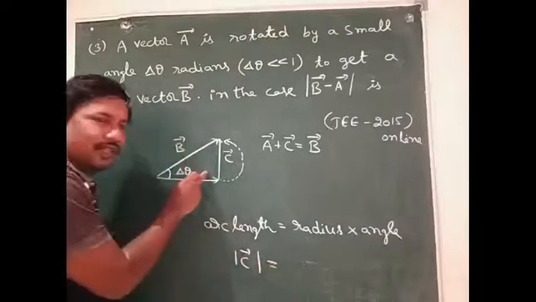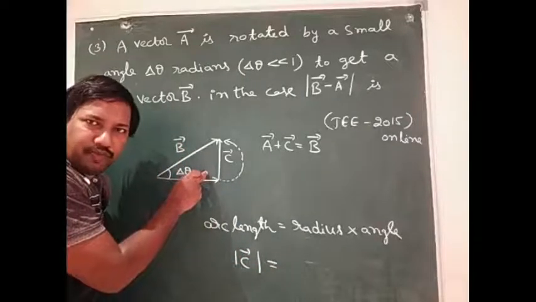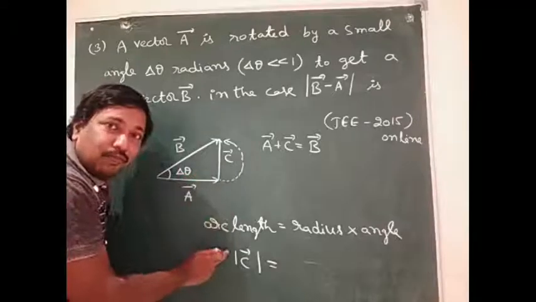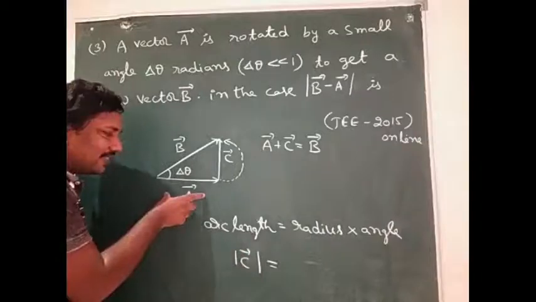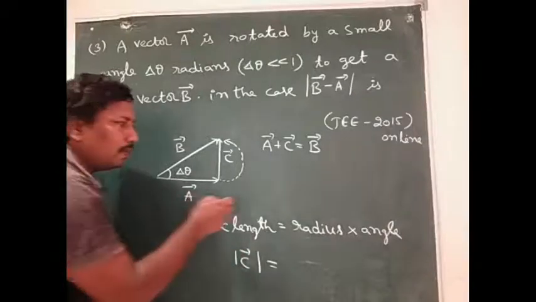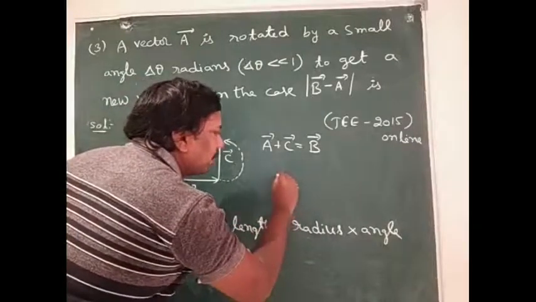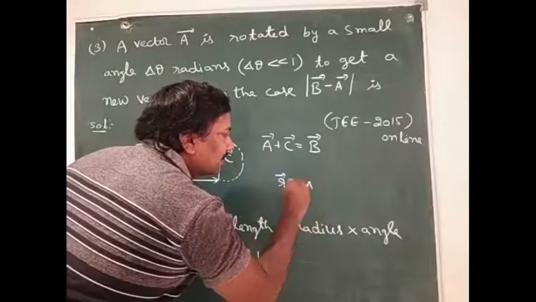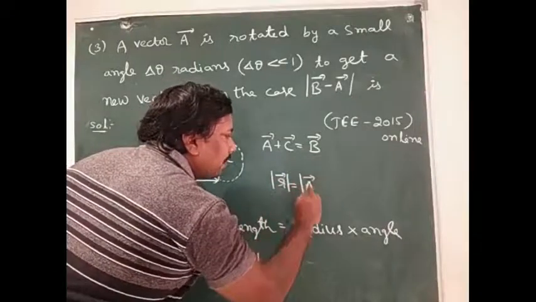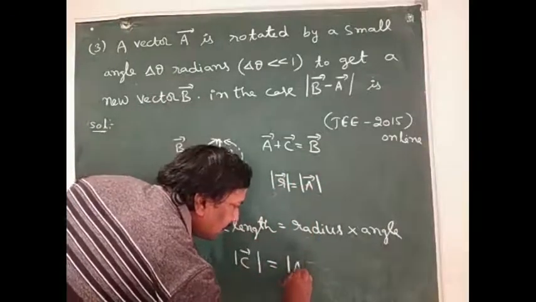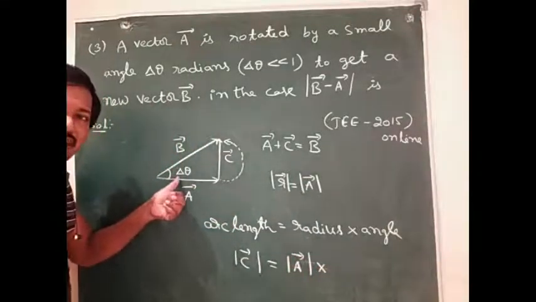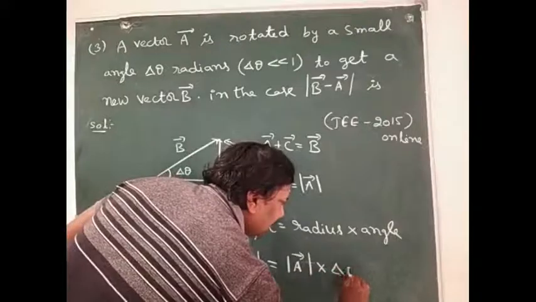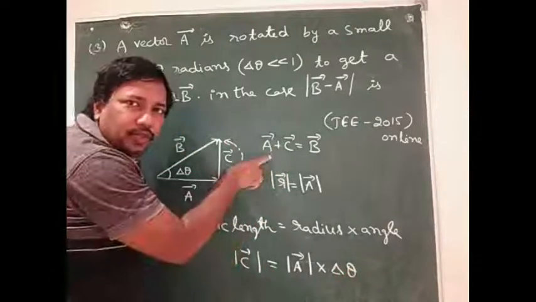Here the arc length is the modulus of c bar, and the radius r bar equal to modulus of a bar, so modulus of a bar into the angle delta theta.